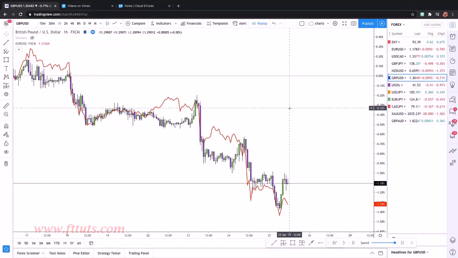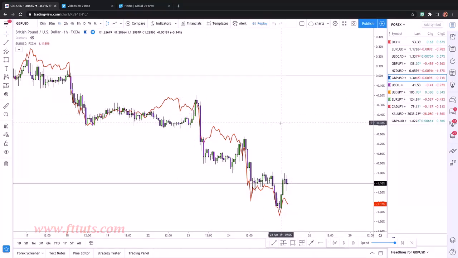Euro and the dollar index have a complete negative correlation, so when euro is up, the US dollar is down. CAD with US oil has a positive correlation because Canada is a major oil producer, one of the top. And AUD and gold have a positive correlation because Australia is a significant gold producer.